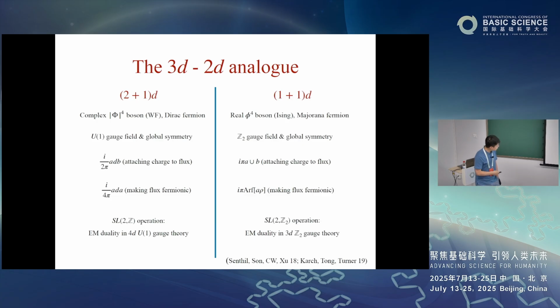And this SL2Z operation has a funny connection to the EM dualities in 4D U1 gauge theory, while it's also a well-known fact that dualities involving 2D Ising or Majorana fermions have a deep connection to the 3D Z2 gauge theory or Z2 topological order. So things are quite deeply in parallel.